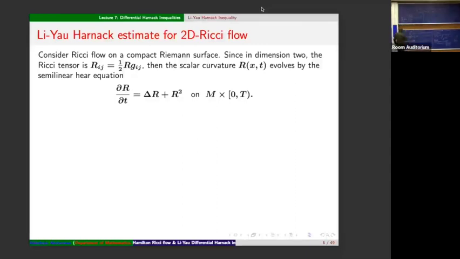If you look at the equation of scalar curvature under Ricci flow, yes, we used it in yesterday's lecture, in our last lecture. We saw how scalar curvature, okay, let me just say Harnack inequality now.